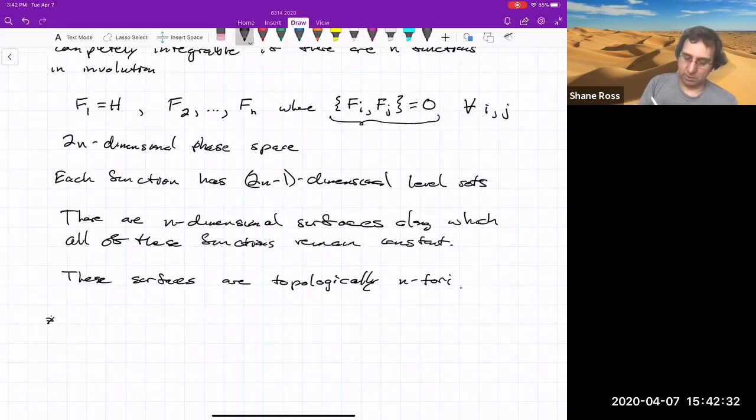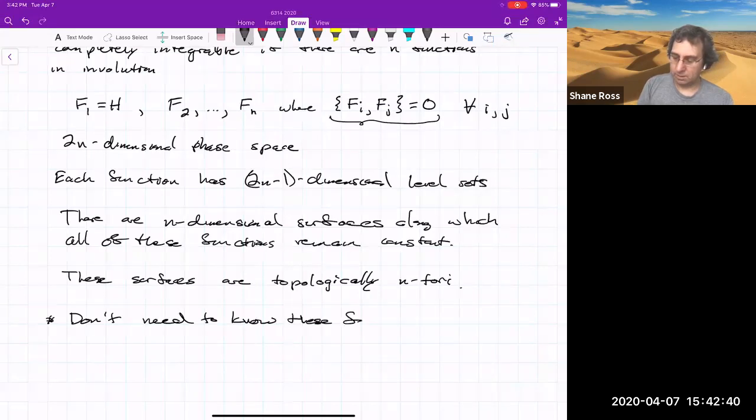So I guess it's worth noting you don't even need to know these functions, F_i. It's enough to know that they exist.